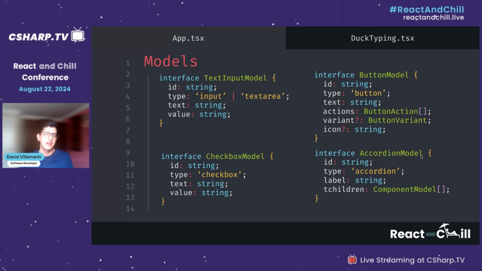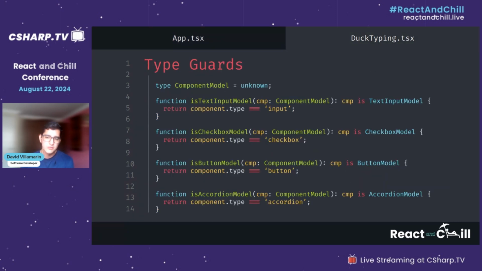So this is just the last example of a model of a component that could be an accordion. So basically, we can have anything inside an accordion. So in this case, we have this property that can handle whatever is inside. Basically, the component model is of type unknown, right?